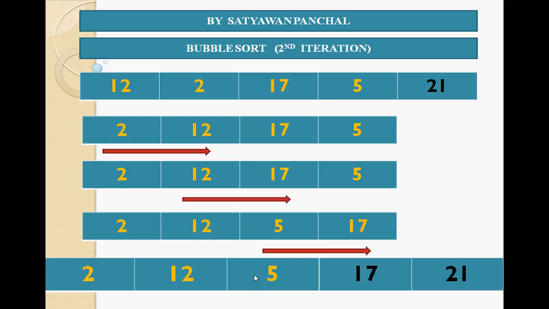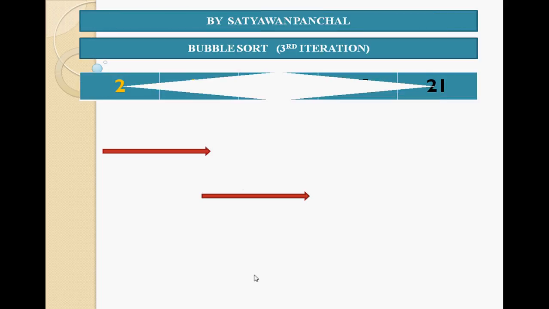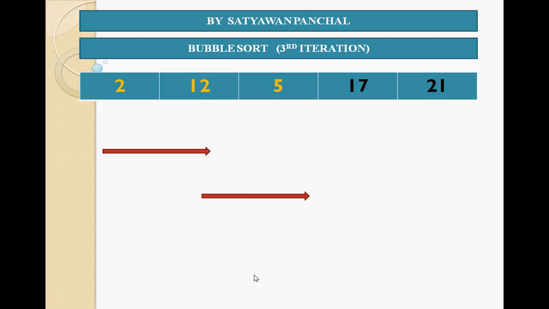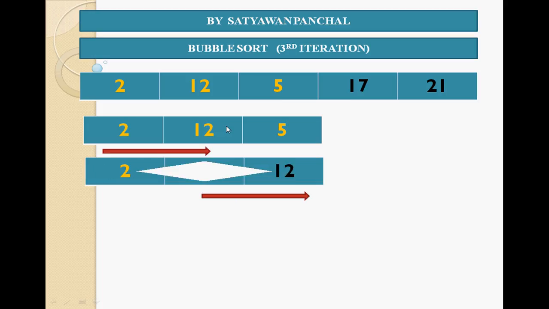Okay, let us move to the next iteration, that is the third iteration. In the third iteration we'll be doing the same thing. 2 will be compared with 12. 12 is already heavier. Now 12 will be compared with 5 and it is swapped. Okay, 5 is here and 12 is here.